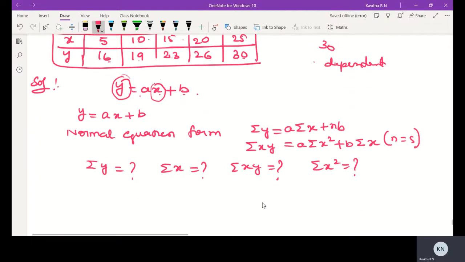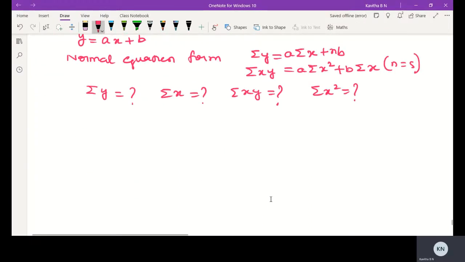Construct the table here. First write down x, y. First write down the x values 5, 10, 15, 20 and 25. Similarly, write down the y values 16, 19, 23, 26 and 30.